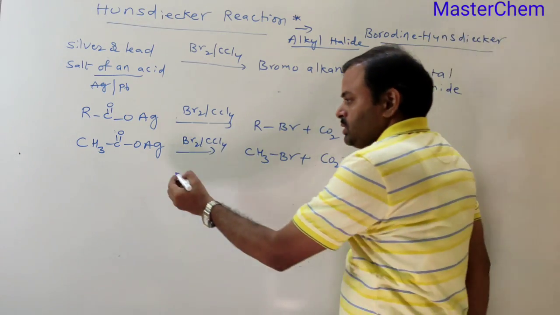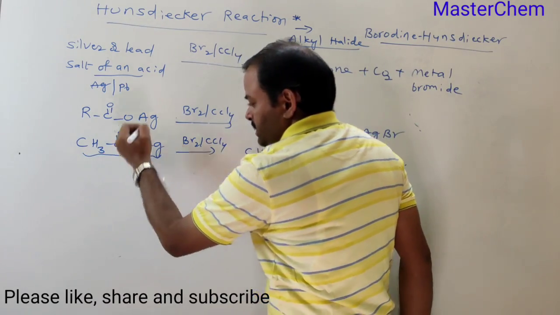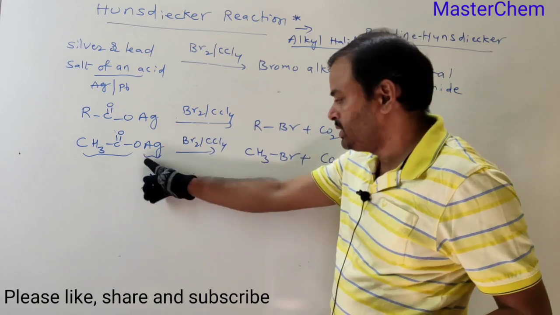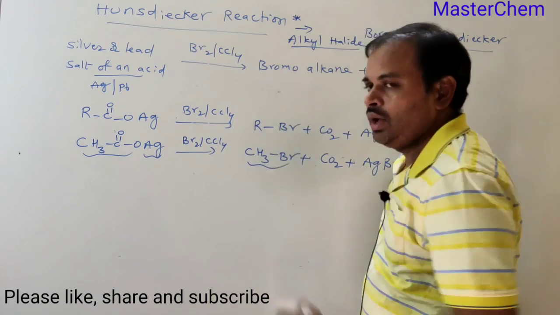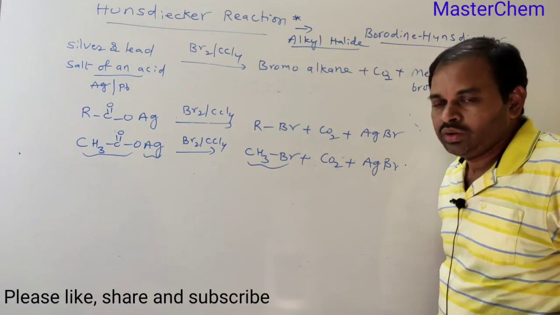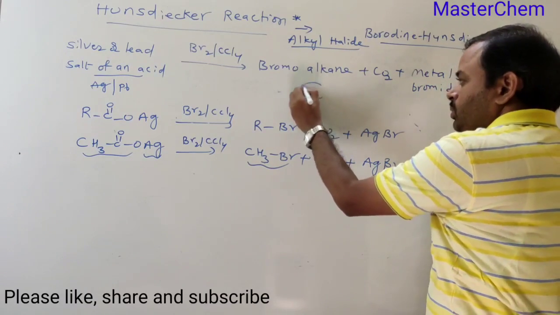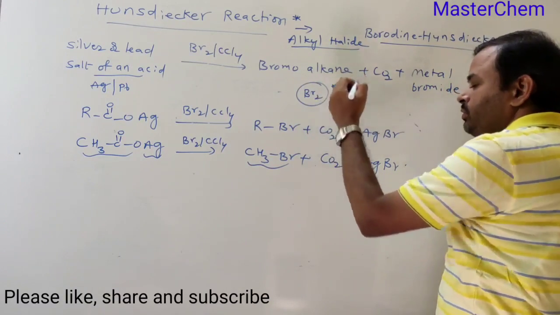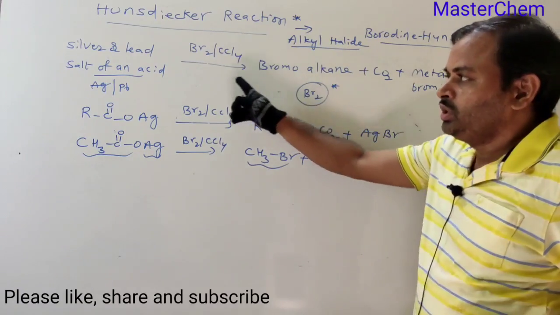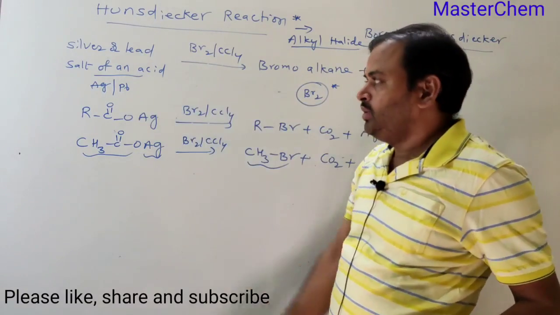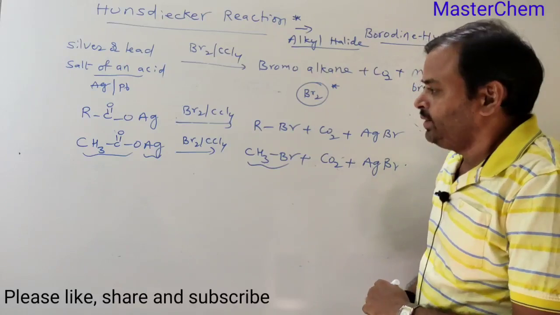So the silver salt of a carboxylic acid is converted into alkyl halide, bromoalkane. It is the most convenient method for the bromination of the silver or lead salt of a carboxylic acid.